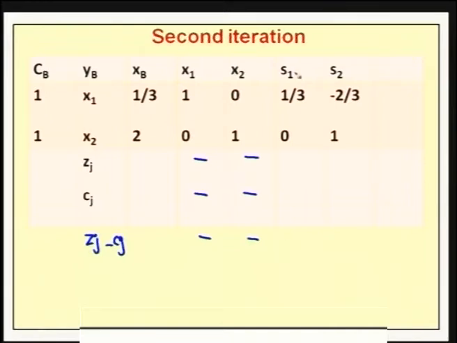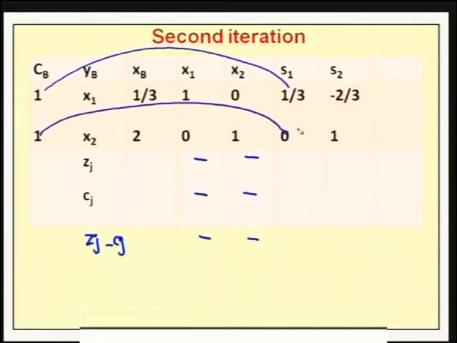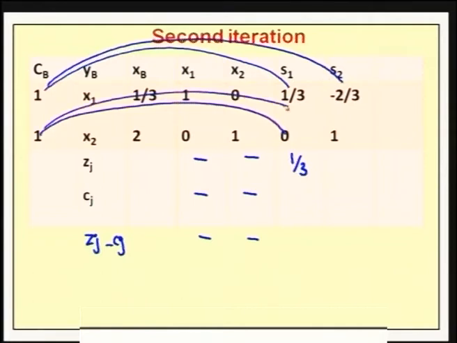Now, for S1 the Zj value is 1 into 1 by 3 plus 1 into 0, which is 1 by 3 plus 0, which is 1 by 3. Now, for S2 the corresponding Zj value is 1 into minus 2 by 3 plus 1 into 1.